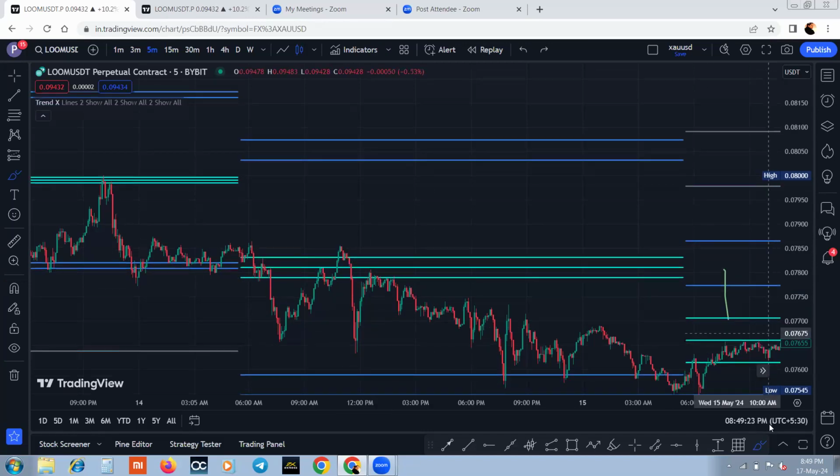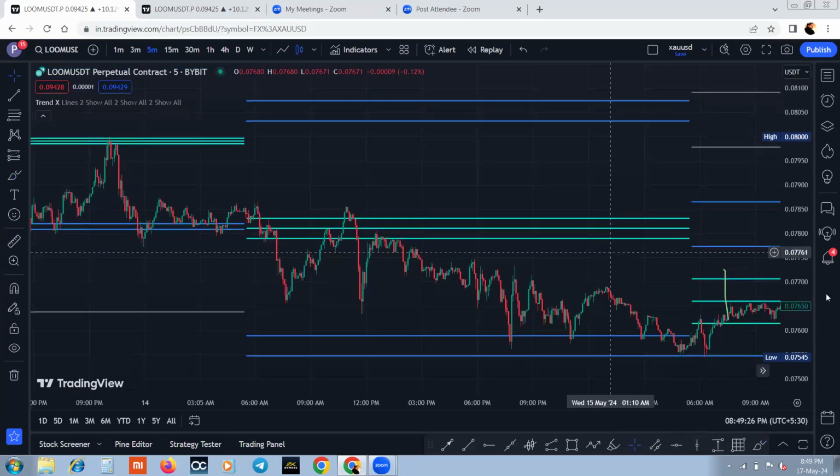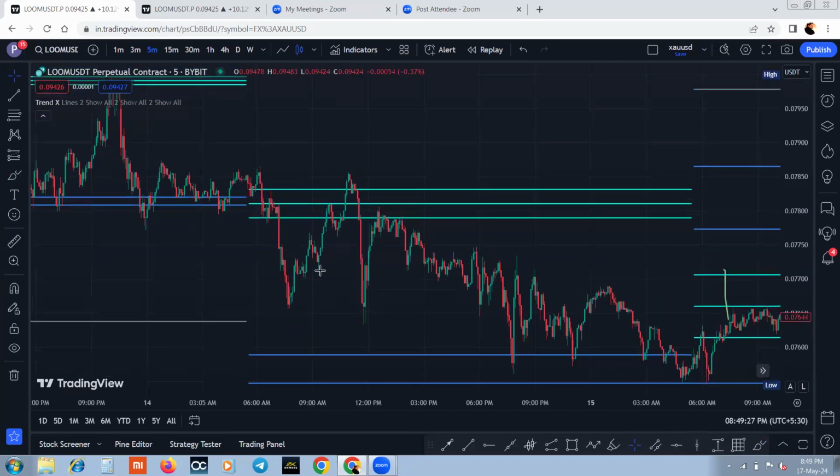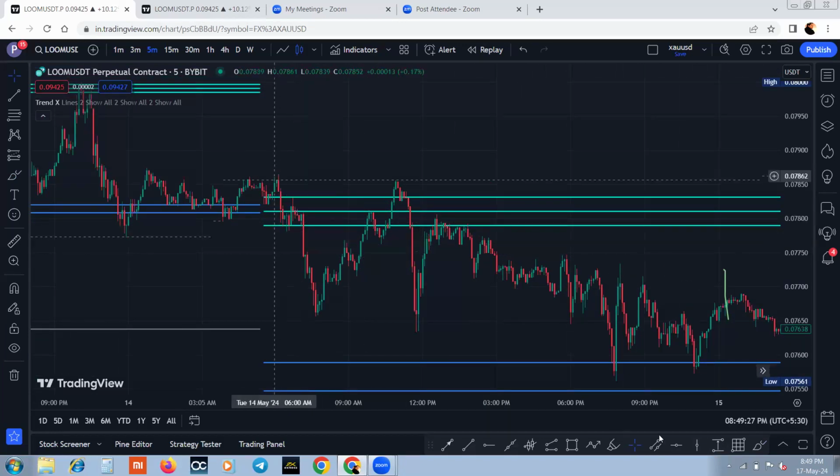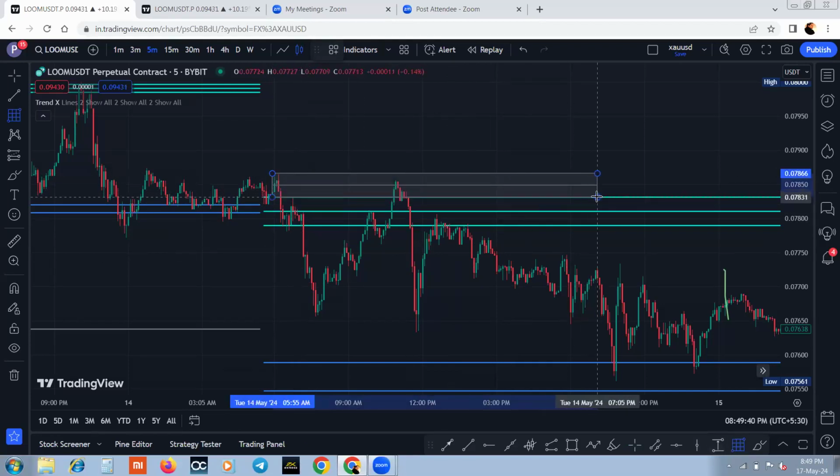Okay, and next day I posted this chart. What I told here, see, before coming down the market made one high. This is called day high. This is very important. Trust me, this is very important. This is Tuesday. I mean, on the particular day we have one high.